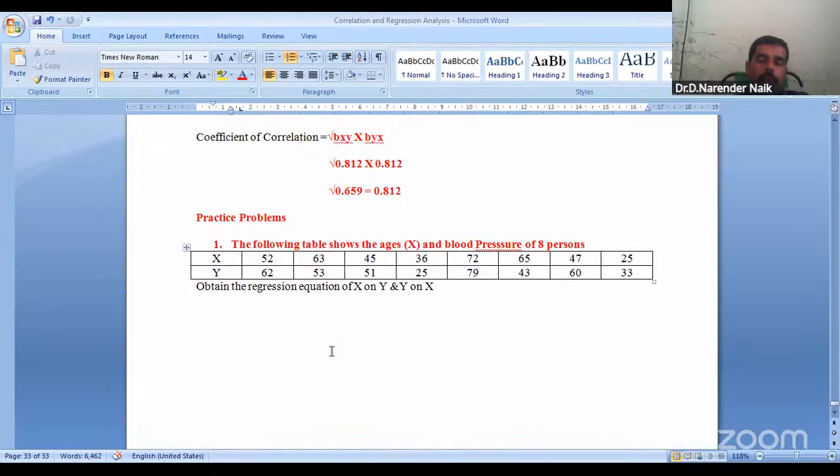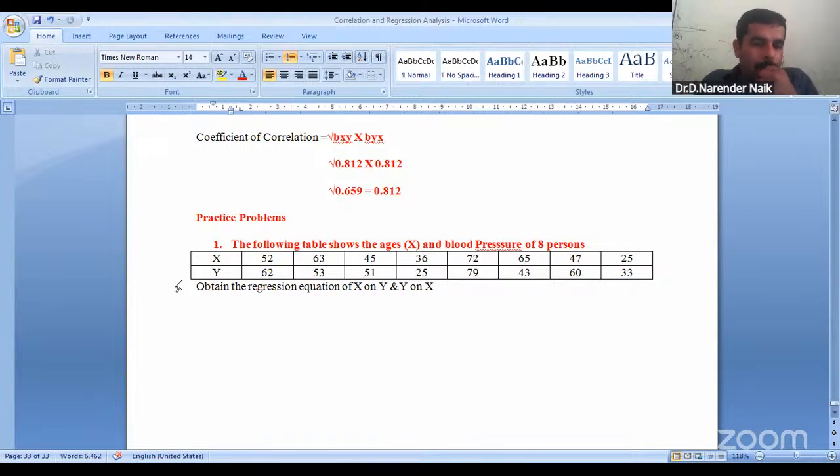If you practice this problem, you are going to solve any type of problem regarding the correlation topic. At this point, we are going to conclude the regression analysis also. So this is a practice problem. The following table shows the ages X and blood pressure Y of 8 persons.